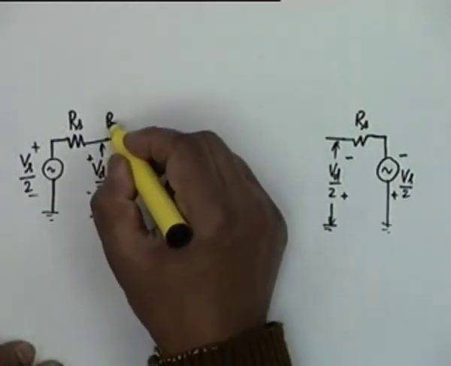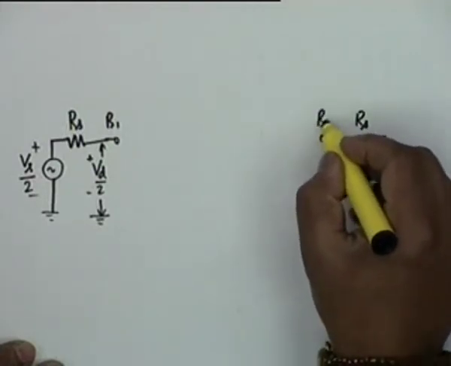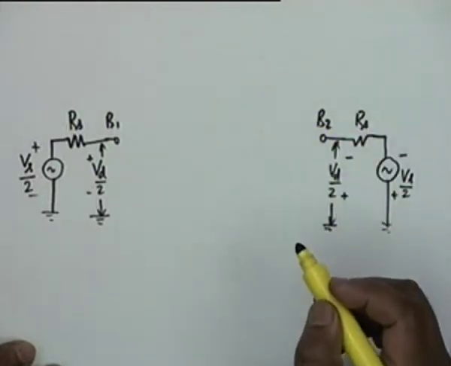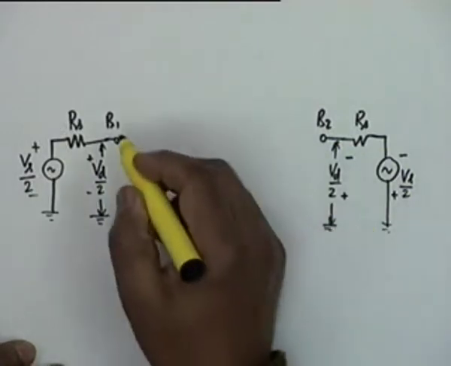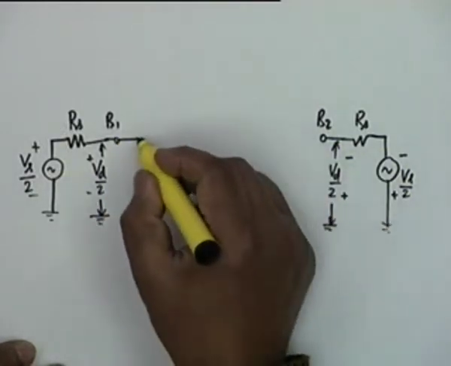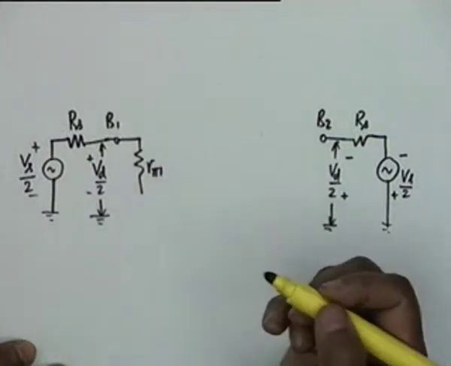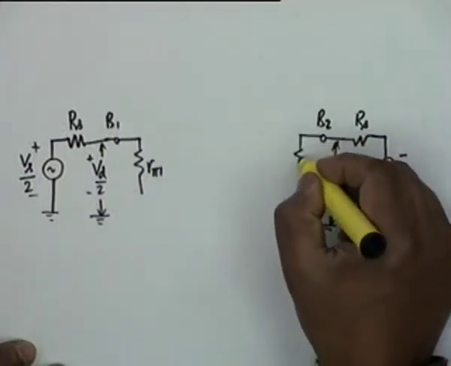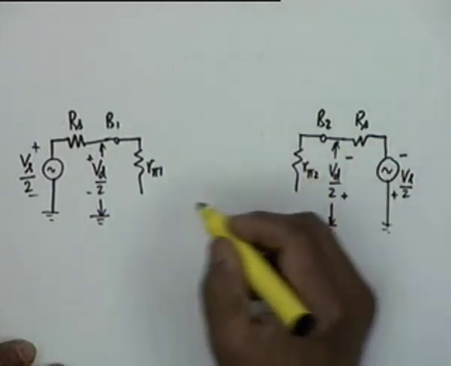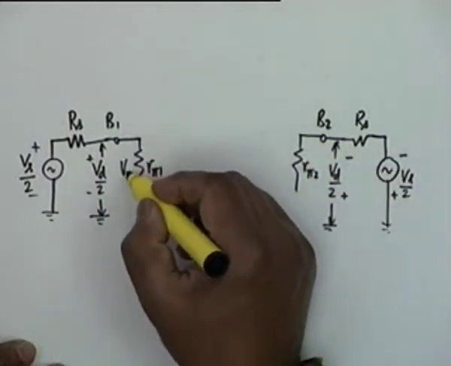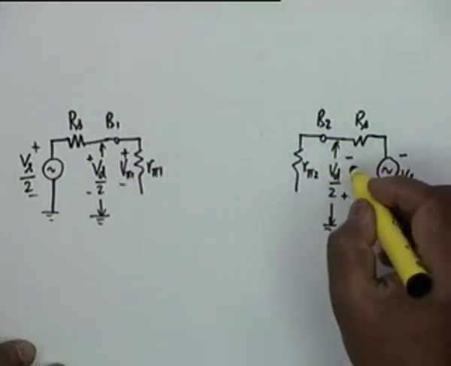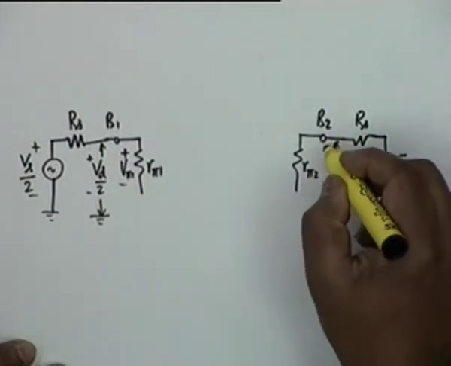This is my base 1 and this is my base 2. From base 1, if you look at the equivalent circuit, we have an R pi 1. Base 1 to emitter is R pi 1 and base 2 to emitter is R pi 2, and the two voltages there are V pi 1 and V pi 2.